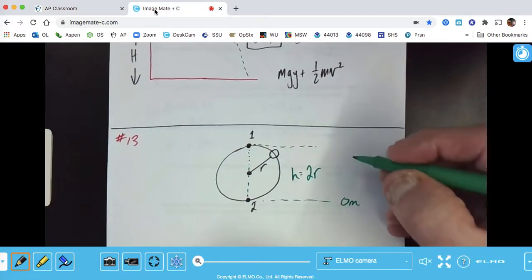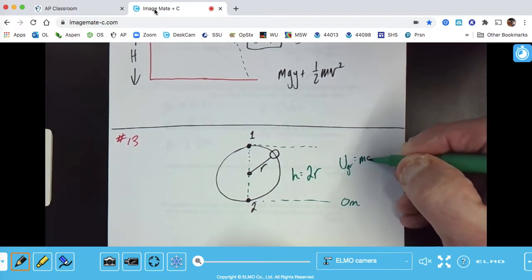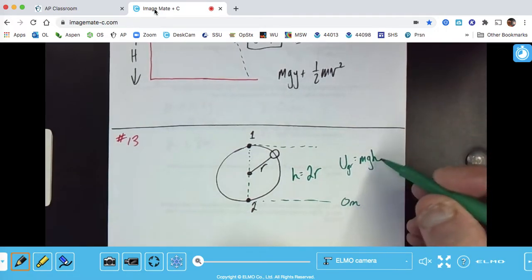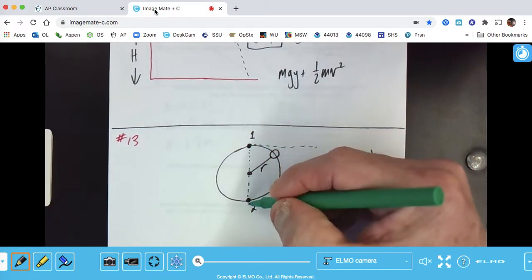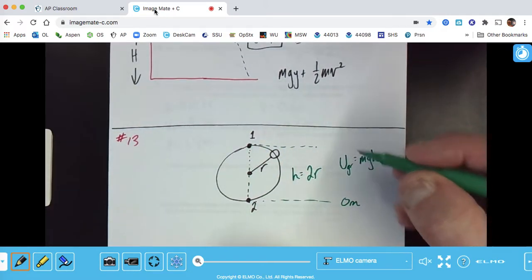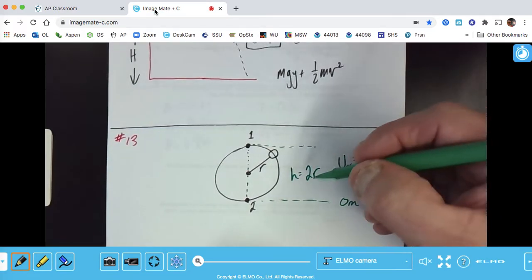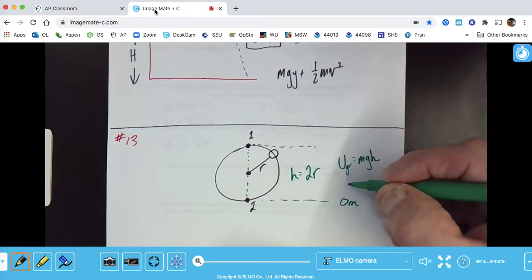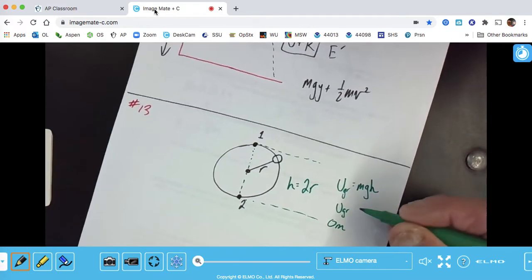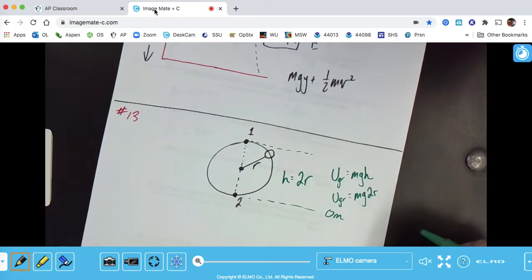Because gravitational PE is mg times height, or mgy, or mgh. But h is 2r. So if it went from here to here, up here the height would be 2r times m times g. So the gravity change is m times g times 2r. 2r is the height.